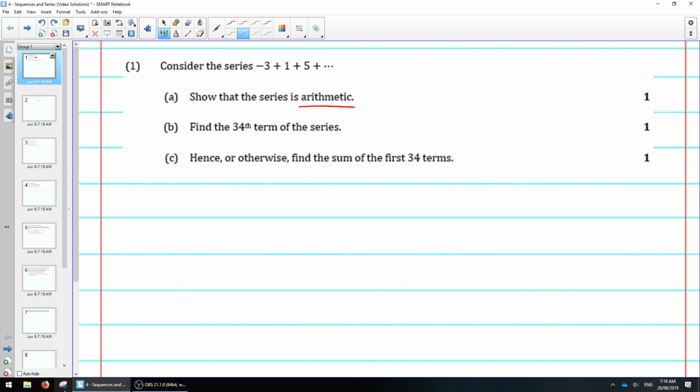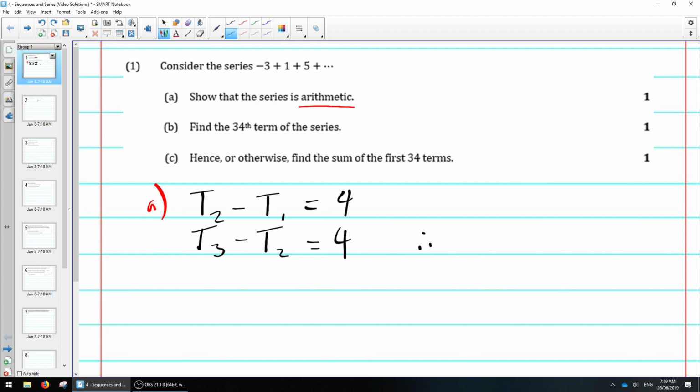The way that we can do that is we're just going to get t2 minus t1. So we're going to do the second term minus the first term, which would be 1 minus -3, which equals 4. And then if I do t3 minus t2, so basically the third term minus the second term, 5 minus 1 also equals 4. So what we're seeing here is the common difference is staying the same for those first two terms.